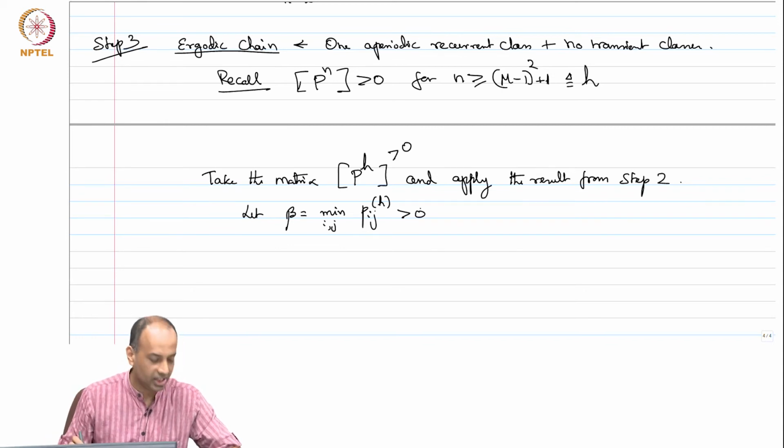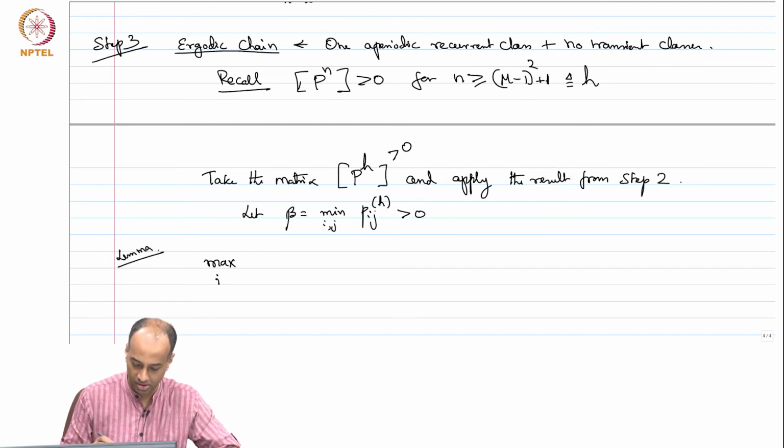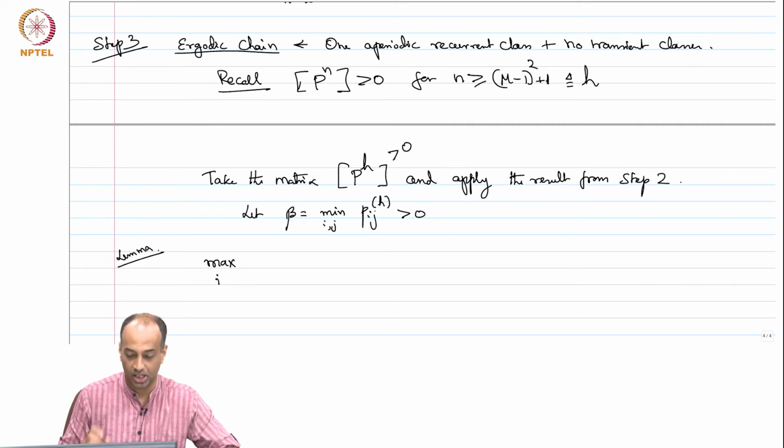So for this beta, you can state a similar result. So if you look at the max over i, this can be a lemma. Okay, so this is a lemma for ergodic chains.